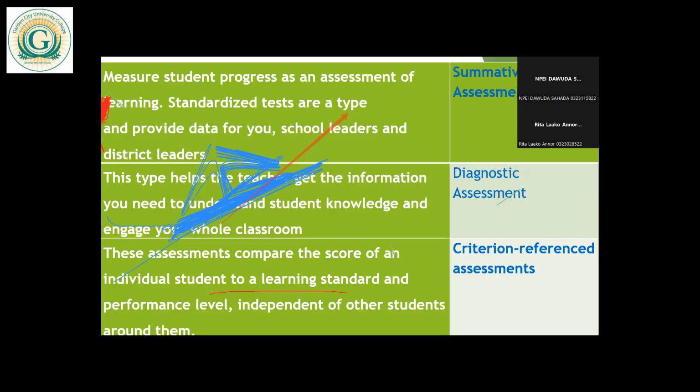It means that you should be able to meet all the criteria laid down for that particular task. So your score in the practical exams is a criterion referenced assessment. Any form of practical exam we do, we can describe as a criterion referenced assessment.